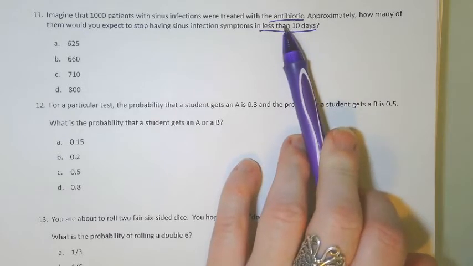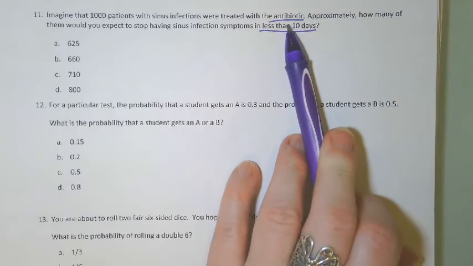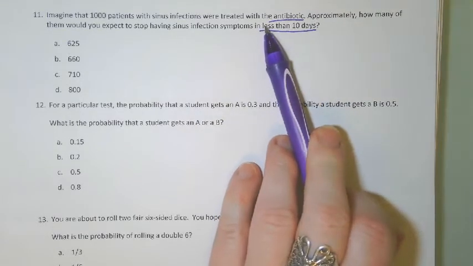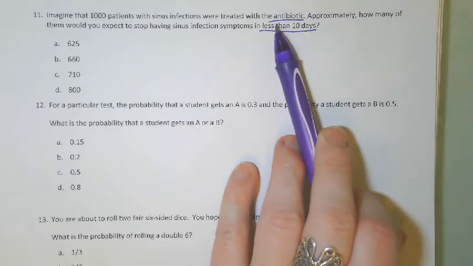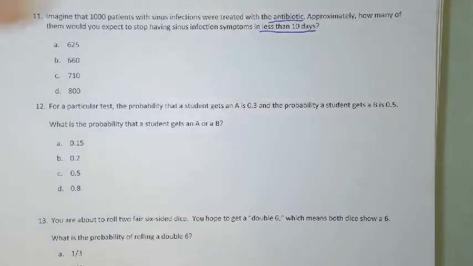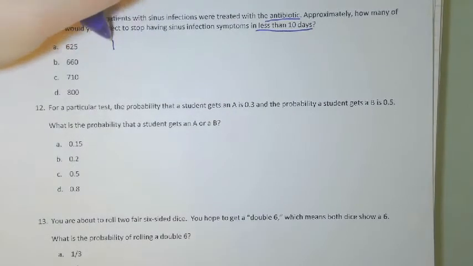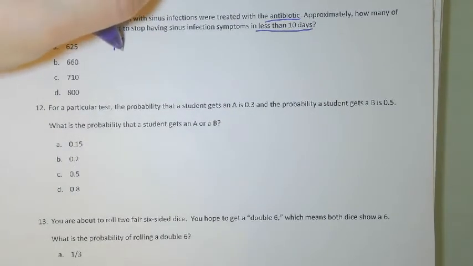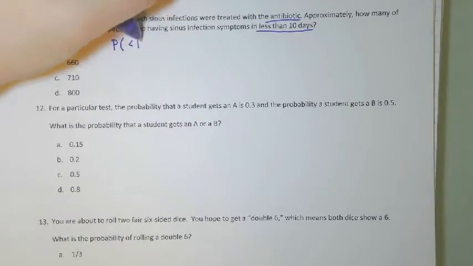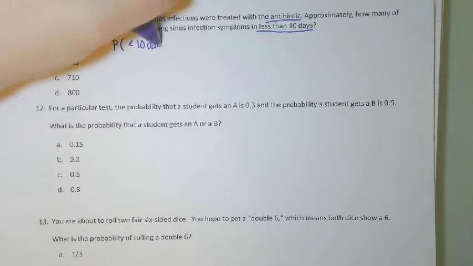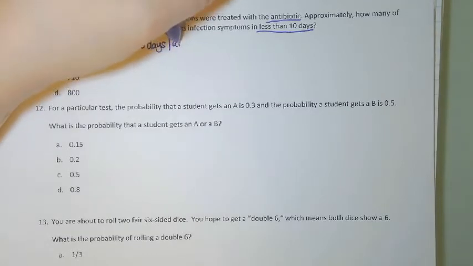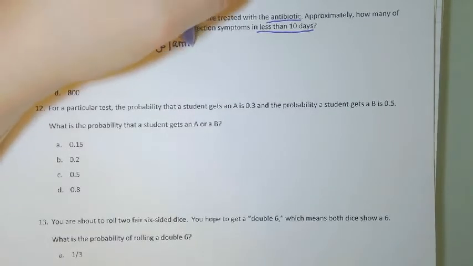So this would be conditional probability. We're not looking at any randomly selected patient, but we're just limiting to looking at those patients who had taken the antibiotic. So I'll write my probability statement. So the probability that we had symptoms lasting less than 10 days, given that we were in the antibiotic group.